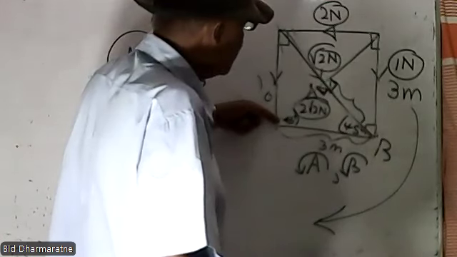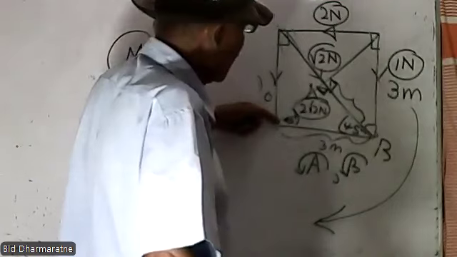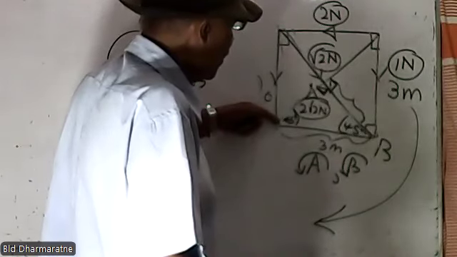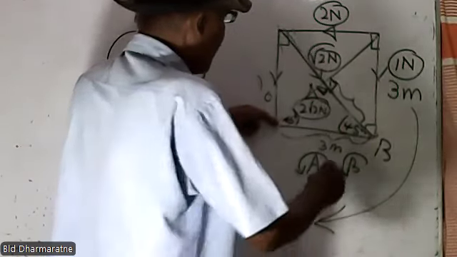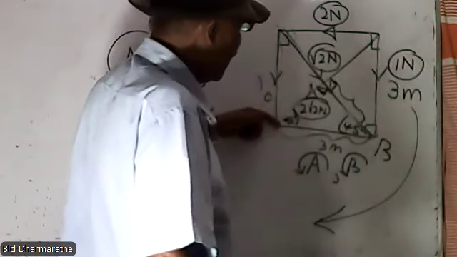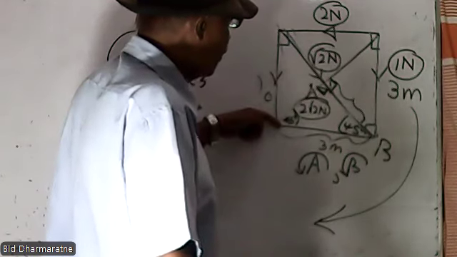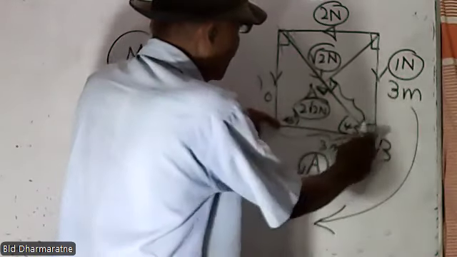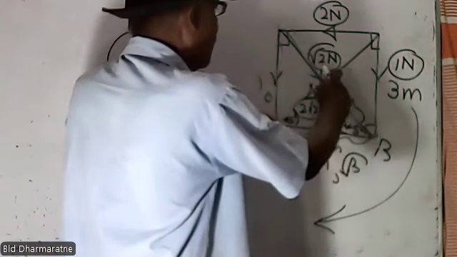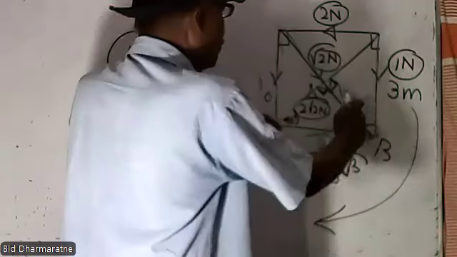According to this formula, we can get 3 sine 45 also. You can get it here. This is 3, the adjacent side of this triangle, so this is 3 cos 45.